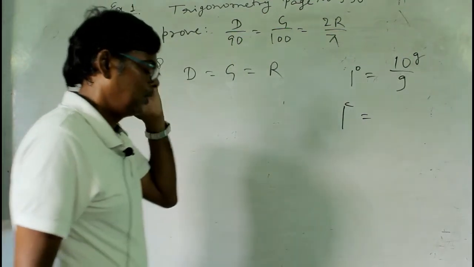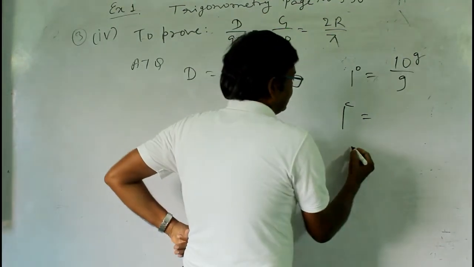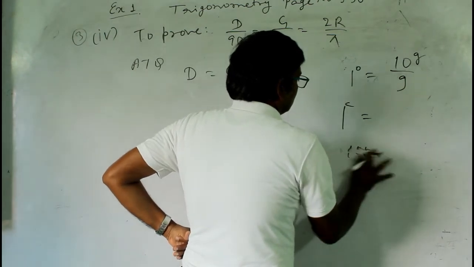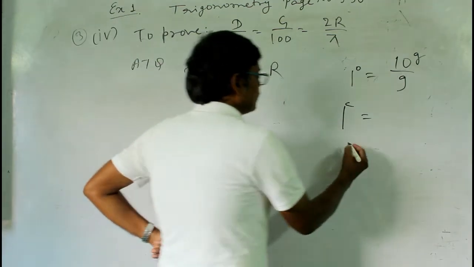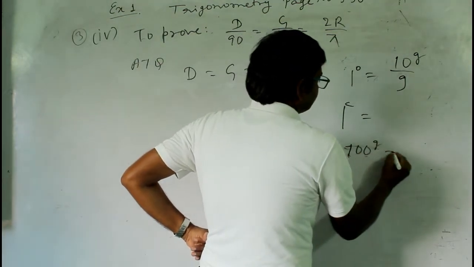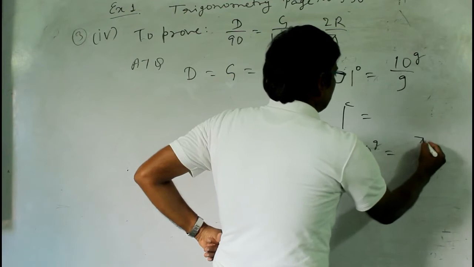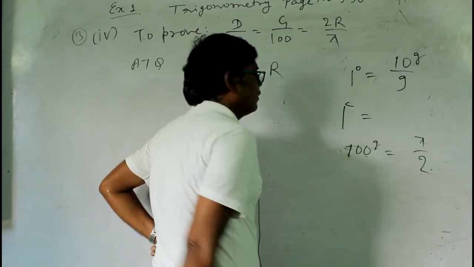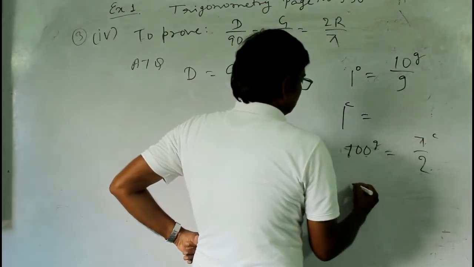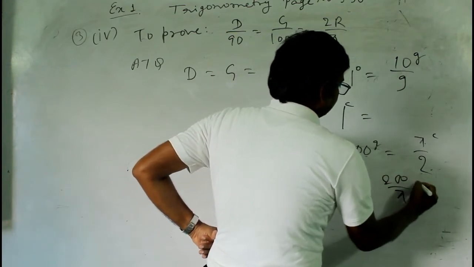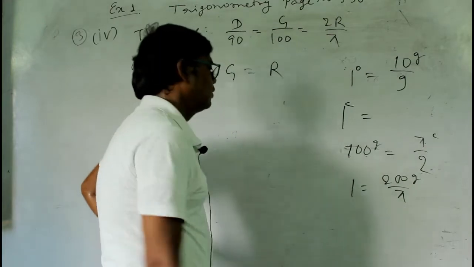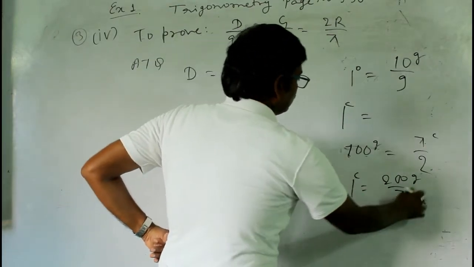Because you know that 100 grade is equal to pi by 2 radian, then 1 radian equal to 200 by pi grade. Okay, this is the formula here.